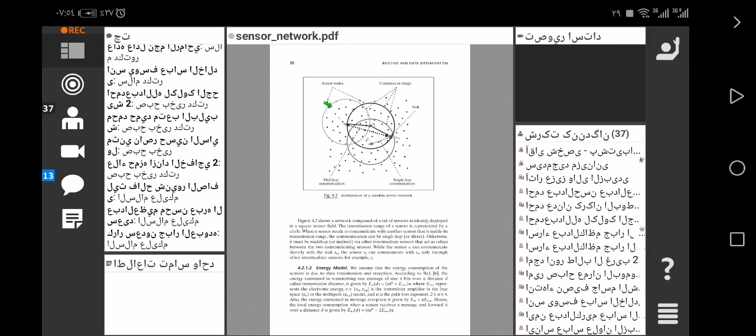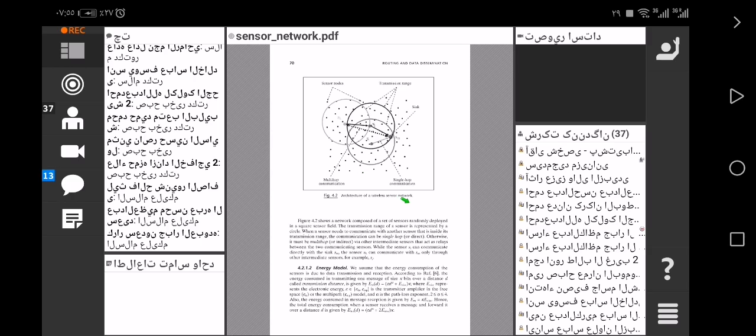And the energy that we consume for receiving is just k E electronic. For transmission, epsilon k d power alpha plus k E electronic.